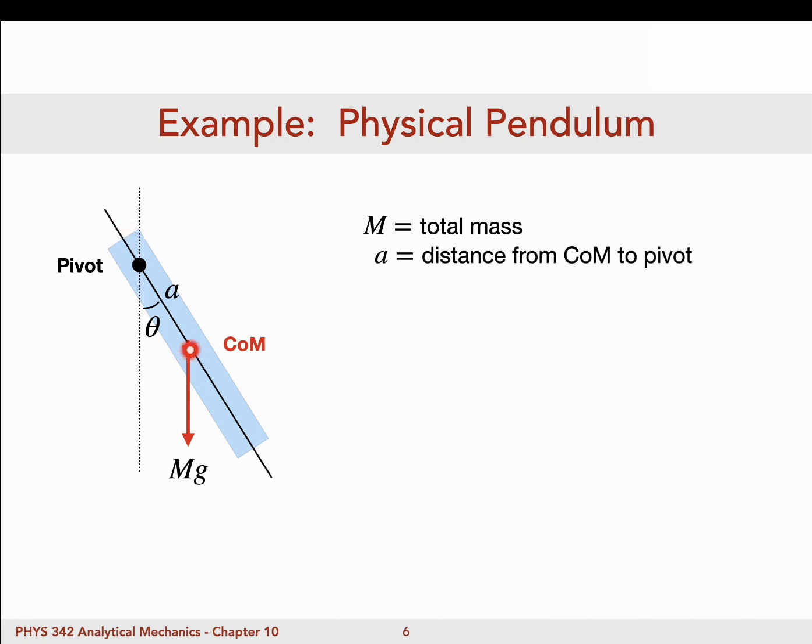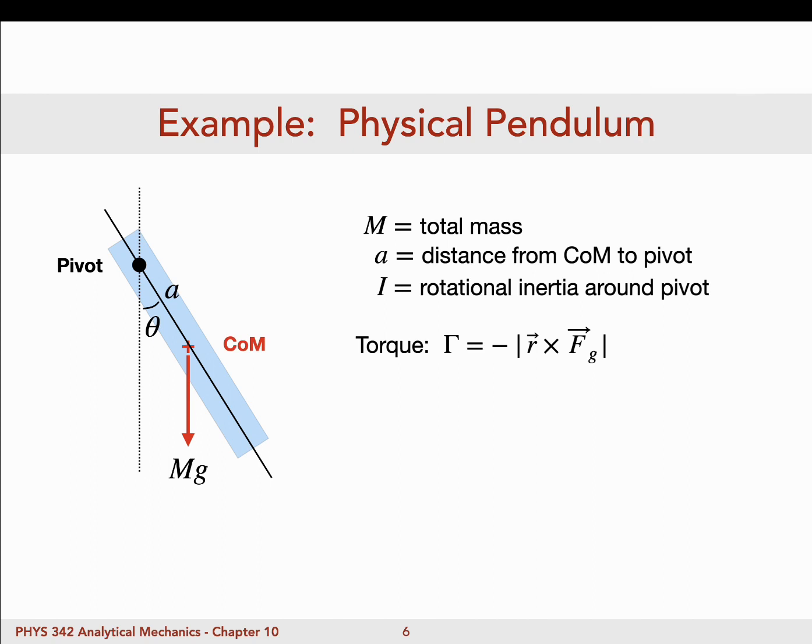So this x is going to be the halfway point along the rod. And so we'll have the force vector pulling straight down with the total mass of the rod times g. I will be the rotational inertia of the rod around the pivot point. We'll come back to that.